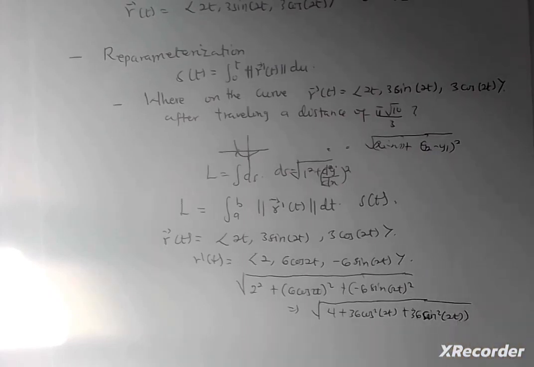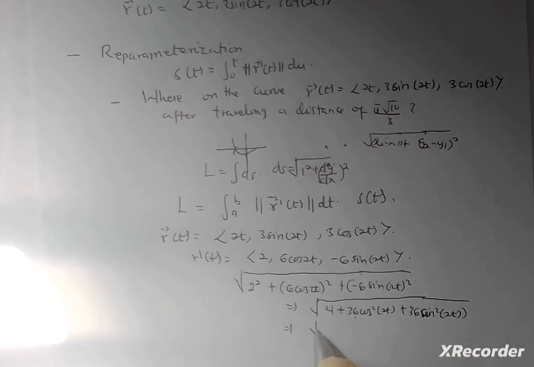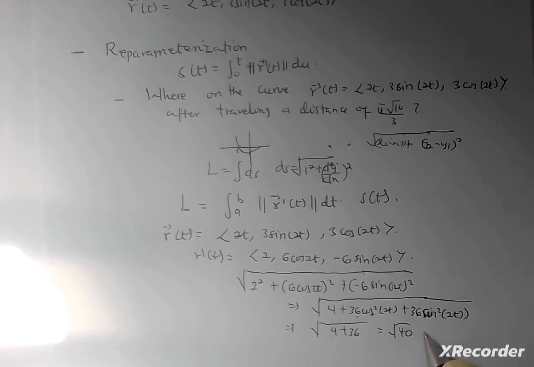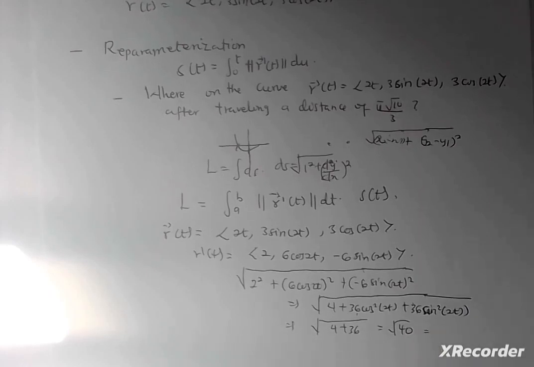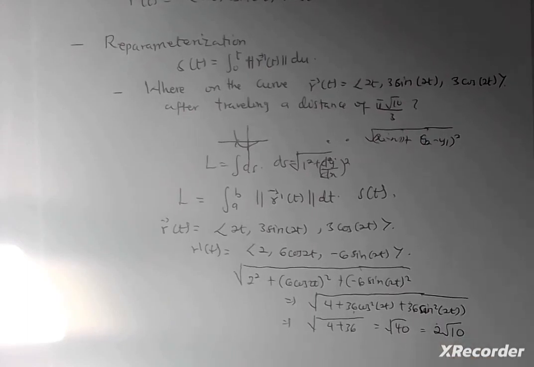From my trig identity, I know that if I factorize 36 out, I'll be getting cos squared plus sine squared, that will give me 1. So I'll simply get square root of 4 plus 36, and that will give me square root of 40, which is simply 2 root 10. So once I have 2 root 10, I'm good to go.